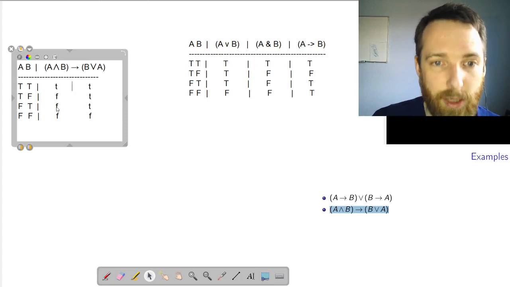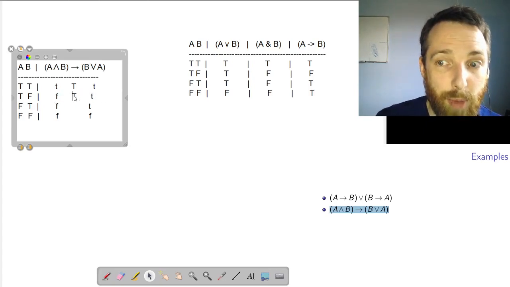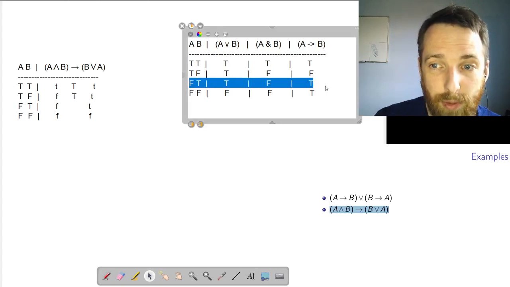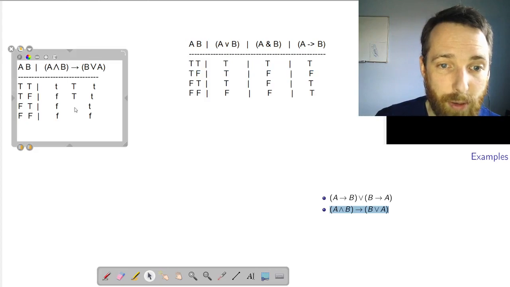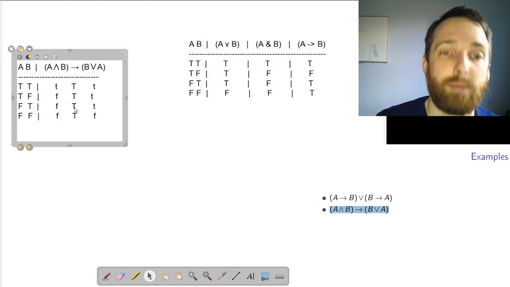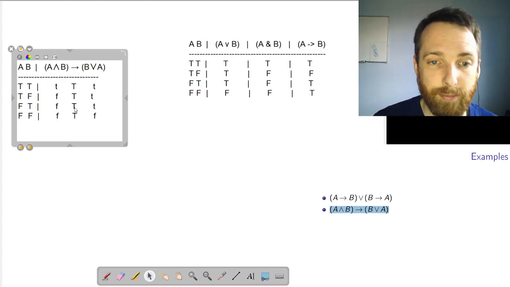True arrow true is true. False arrow true is true. Remember, false arrow true is true. It's just the true arrow false row that is false. Okay, false arrow true again, still true. False arrow false, it's also true. Hey, we have another tautology, another necessary truth.